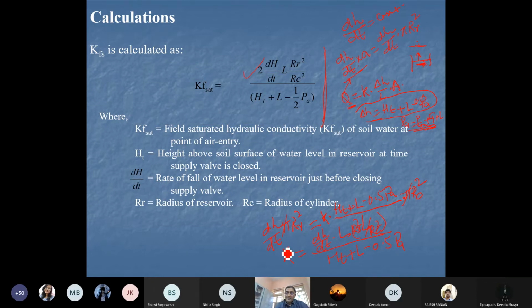However, this assumes a hydraulic conductivity which is not saturating the soil in this short period of time.